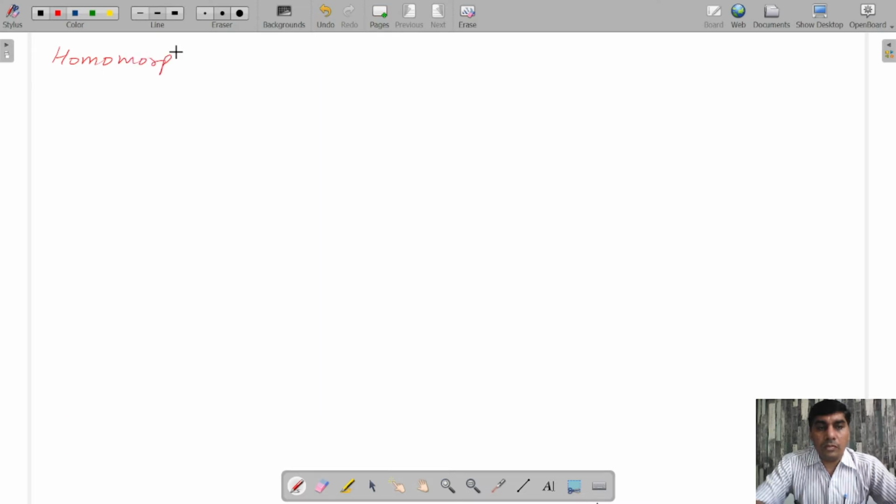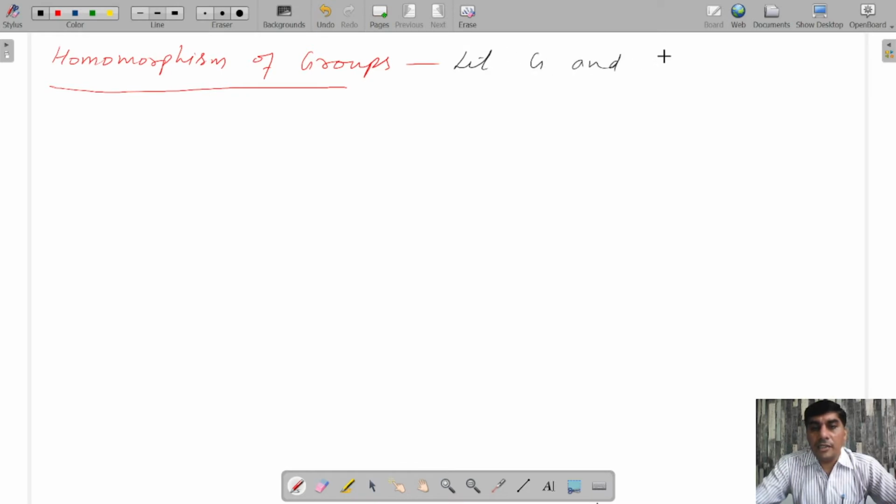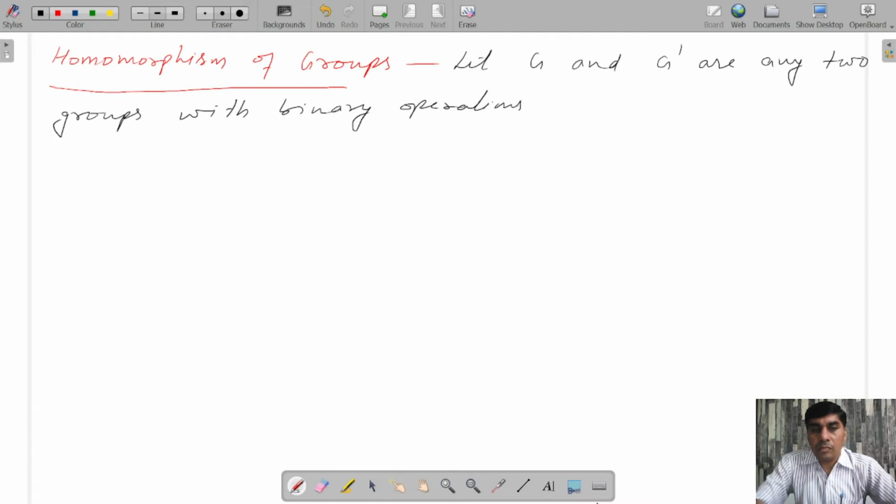Homomorphism of groups. Let G and G dash be any two groups with binary operations star and star dash respectively.